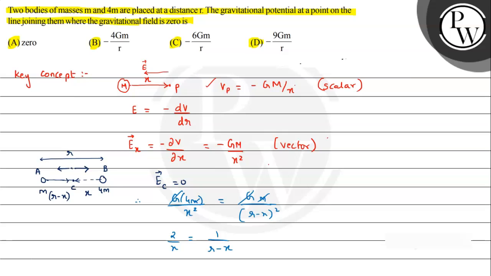On simplification, 2r minus 2x equals x.